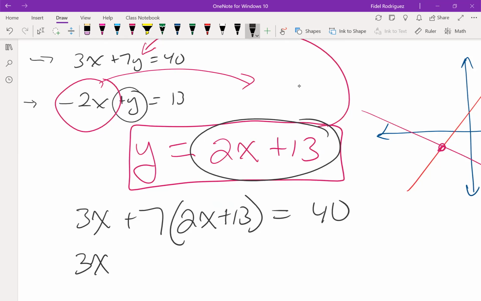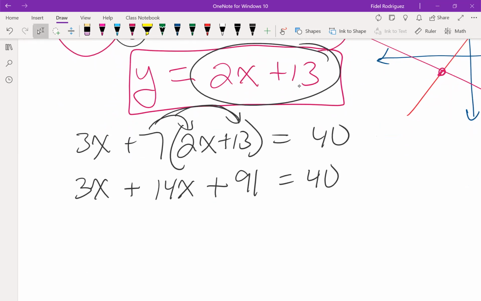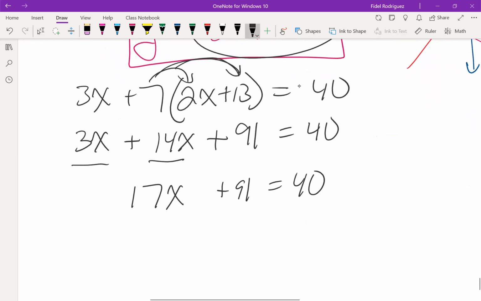So now let's go really, really slow here. 3x, 7 times 2x is 14x. 7 times 13 is 91, equal to 40. So 3x and 14x is 17x plus 91 equals 40.